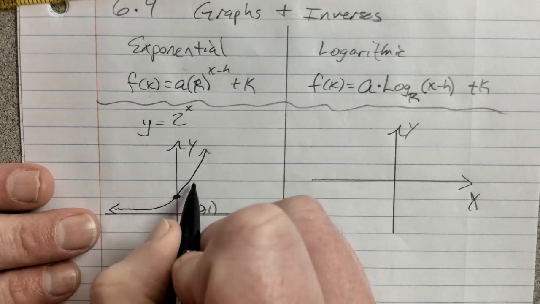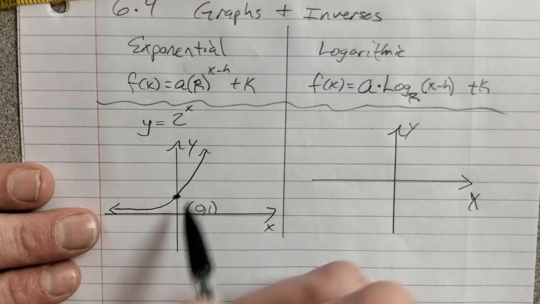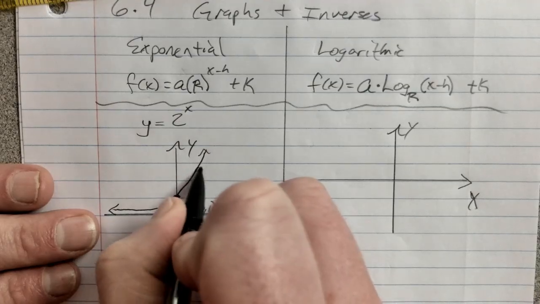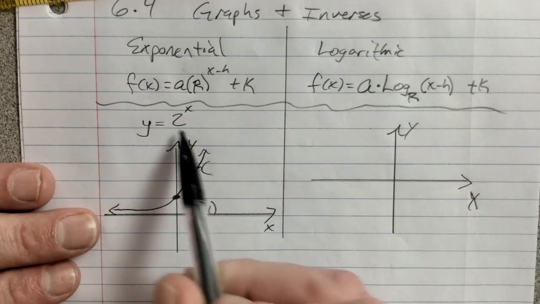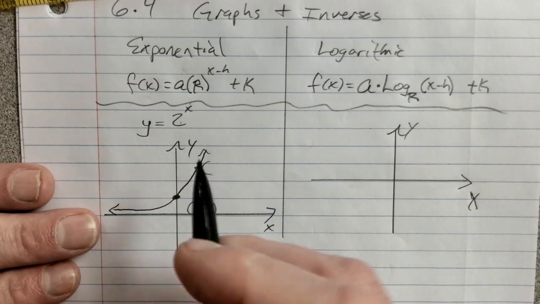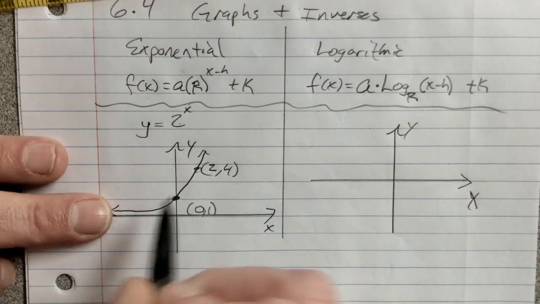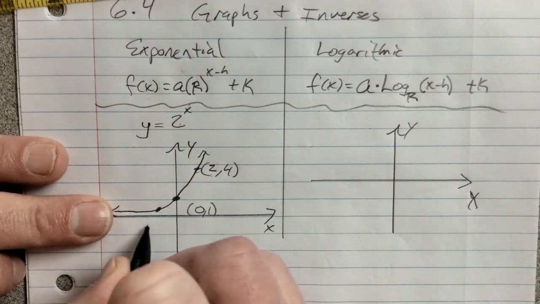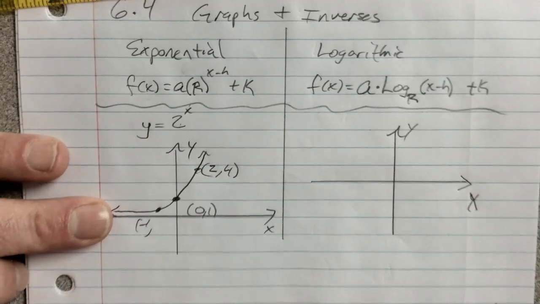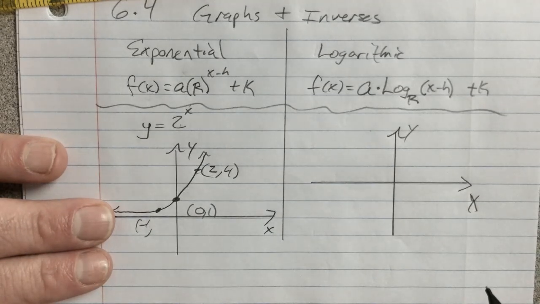So let's do a couple of these. If my x value here is 2, what's the y value? What's 2 to the 2? 4. So this is the coordinate point 2, 4. Great. What about over here? If my x value is -1, what's my y value? 1/2. Good job.